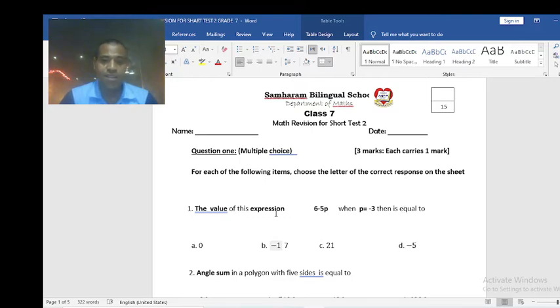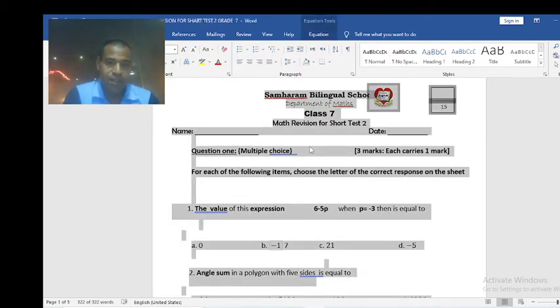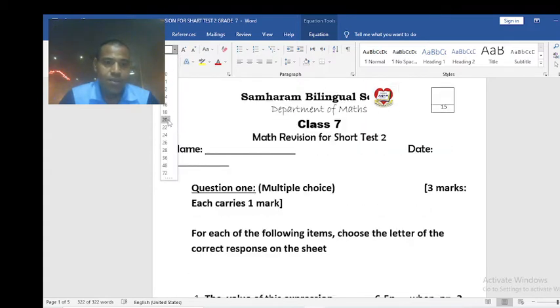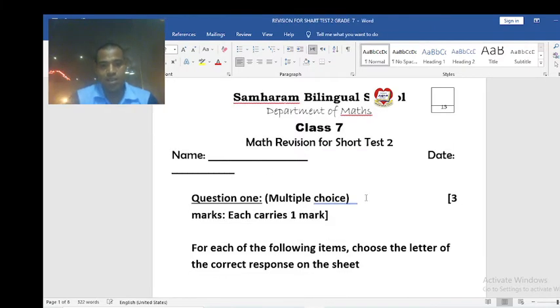The value of this expression, this is the expression, 6 minus 5p. I will just make this bigger. Just give me time. Okay, now it's clear. I thought that every one of you can see this one.